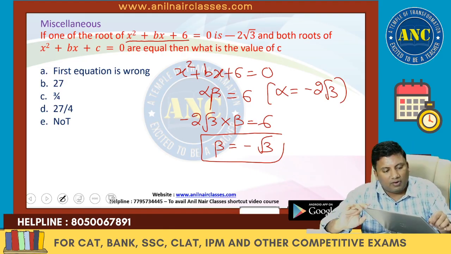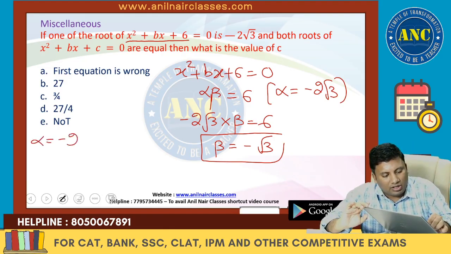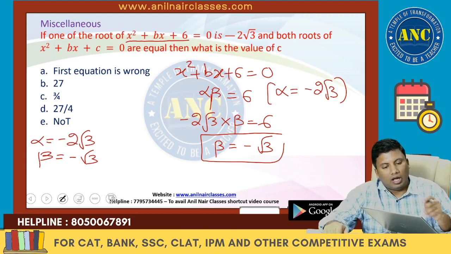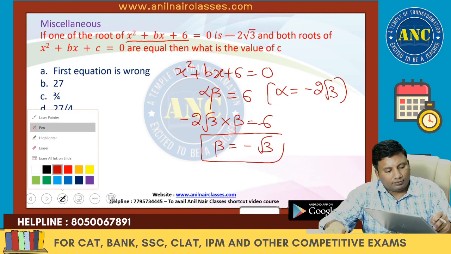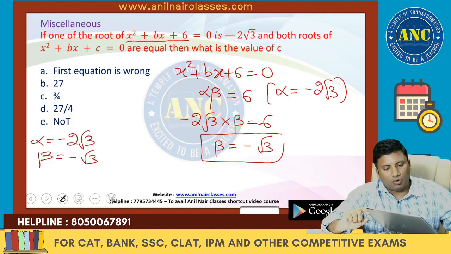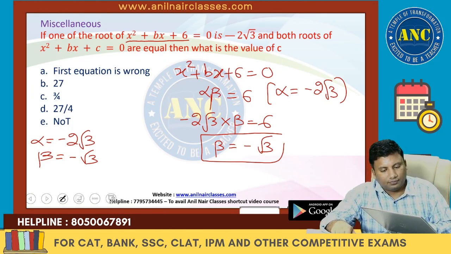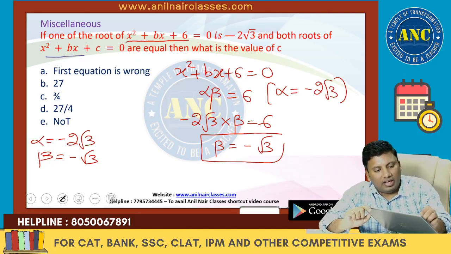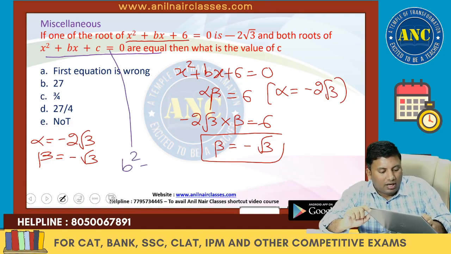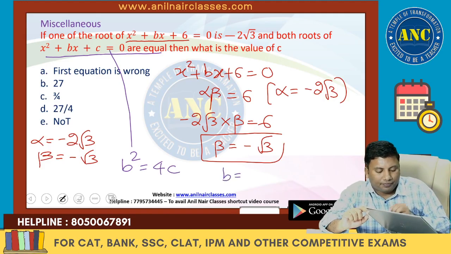So alpha is minus 2 root 3 and beta is minus root 3. What do we require? Both the roots of the equation are equal. If the roots are equal, b square equals 4c.